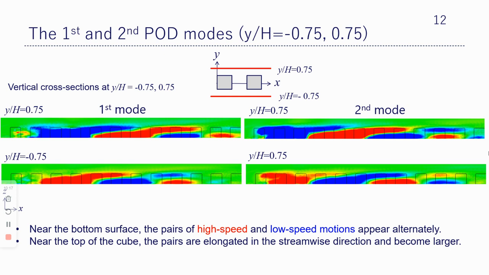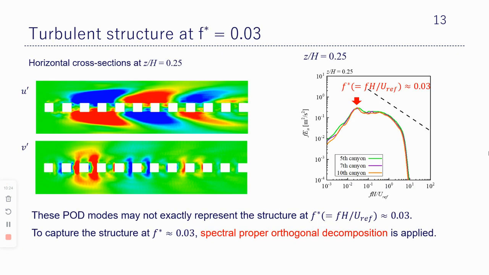So large-scale turbulent structure is captured by POD, but these POD modes may not exactly represent the structure at non-dimensional frequency 0.03, where the energy spectrum has a peak.